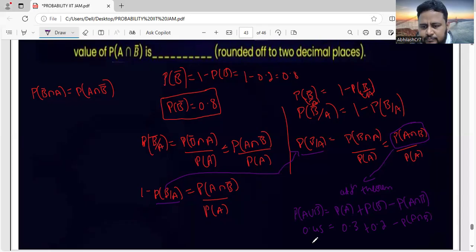Now, this is 0.45, and 0.3 plus 0.2 is 0.5, which I can write as 0.50 minus probability of A intersection B. Now observe carefully.